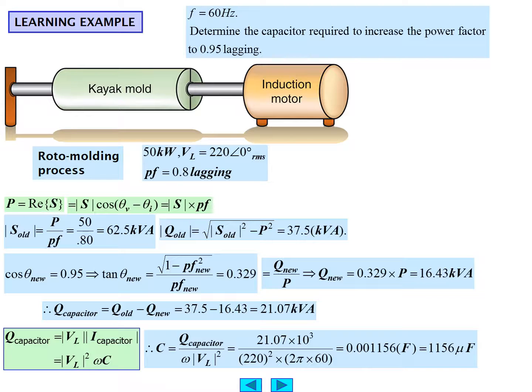We know the complex power in the capacitor, 21.07 times 10 to the third, or kilovolt amperes, divided by 220 squared, the magnitude of V sub L squared, times omega, which is 2 pi times 60. And we find that the value is 1,156 microfarads for the capacitor.